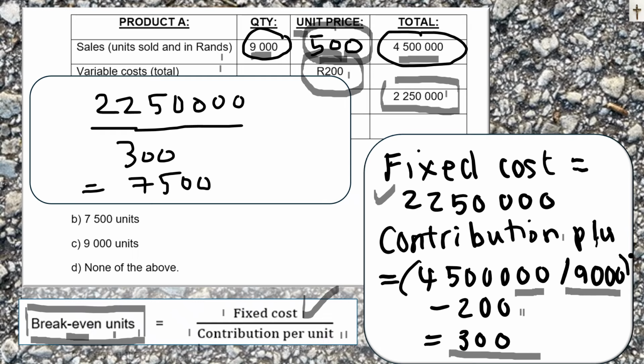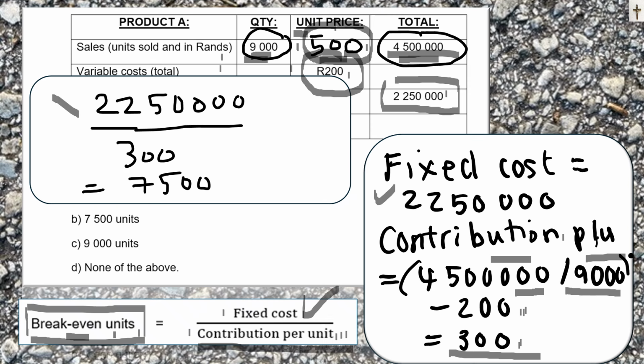And now we have the contribution per unit. The contribution per unit is 500 minus 200, which is 300. How did I calculate that 500? I said 4.5 million divided by 9,000 gives you 500. Minus 200 is equal to 300. That is the contribution per unit.